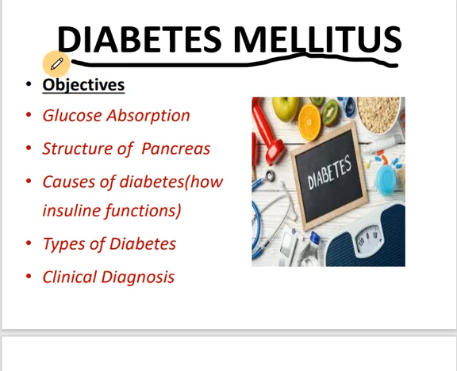Basically, the term for an increase in the blood glucose level is hyperglycemia, and it can be caused by several factors. So we're going to look at what causes diabetes, the metabolic reasons behind it, and how we can diagnose diabetes in the clinical labs.